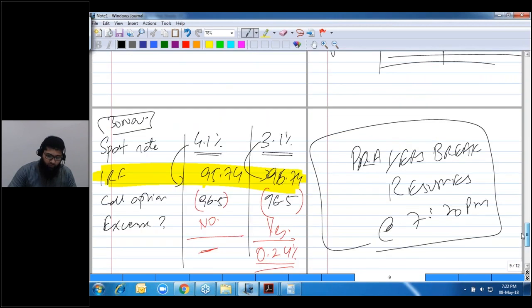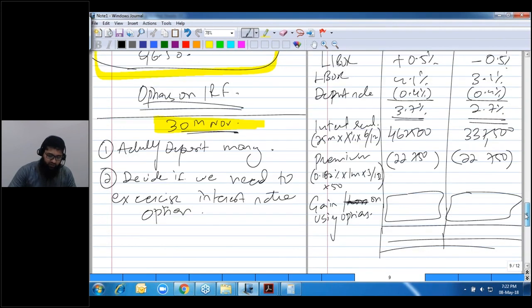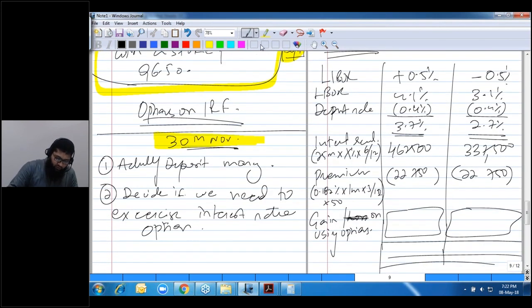So this 0.24% gain, how is it going to translate? It's going to be 0.24% multiplied by 50 contracts. Every contract is for 1 million. Multiplied by 3 upon 12.